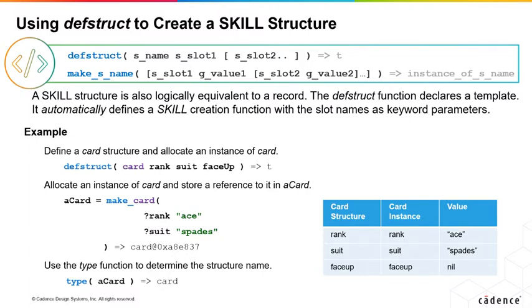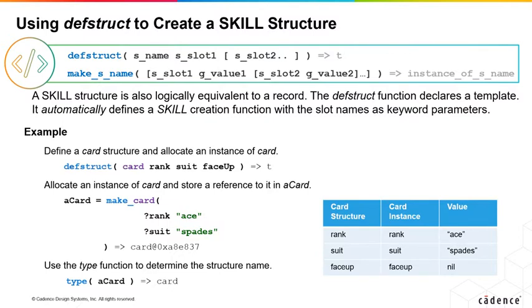So we would say question mark rank is ace, question mark suit is spades. And we would make an instance of this particular structure and assign it to a card. So you can see here that we've populated the card structure with rank and suit. Face up was not supplied a value, so by default it is actually nil.